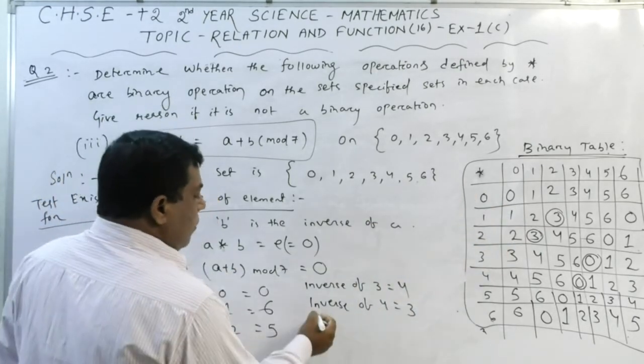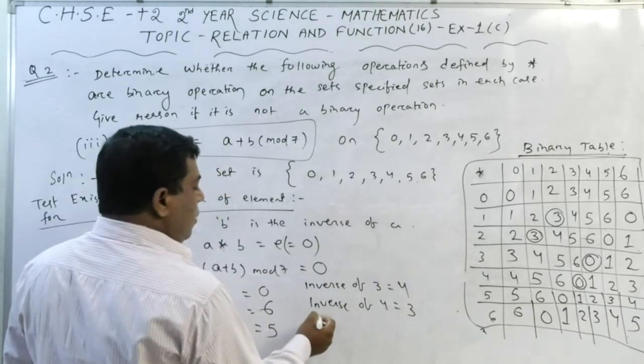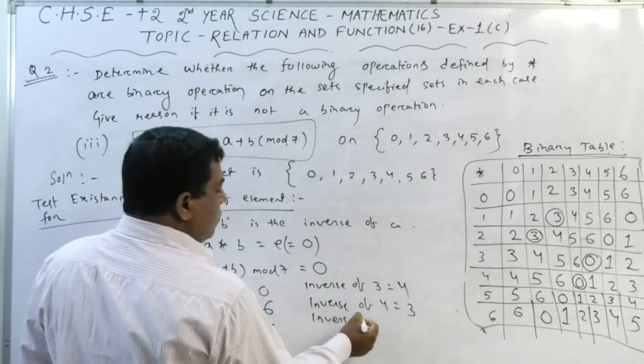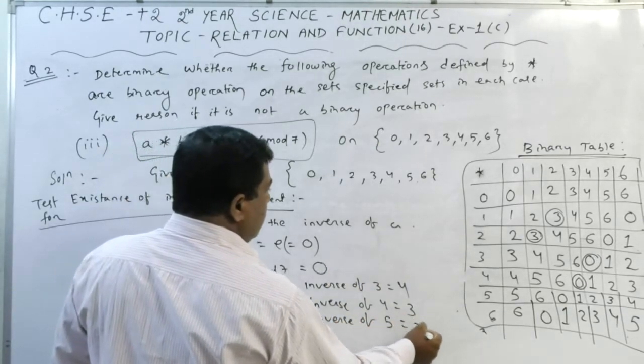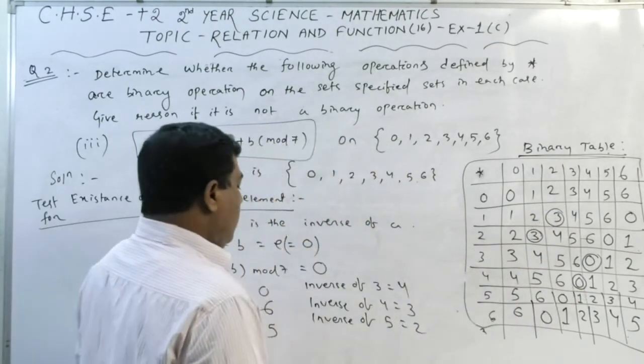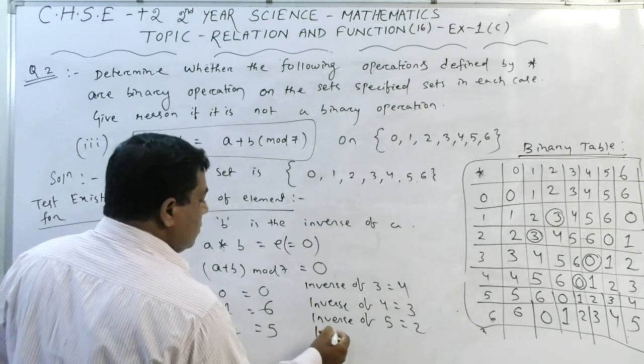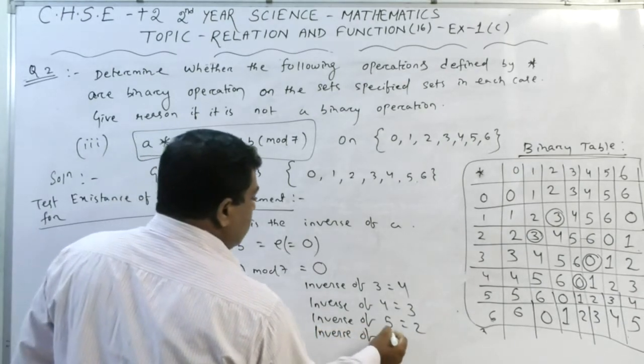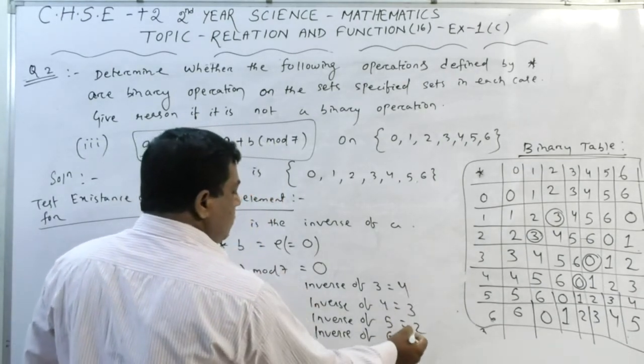Okay. From this table. Inverse of 5. Yes, inverse of 5 is 2. You can see 5 is operated with 2 and it is equal to 0. And inverse of 6. Inverse of 6 is equal to 1.